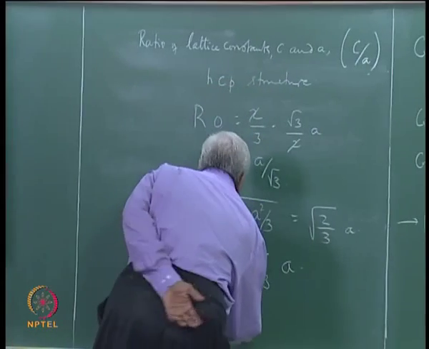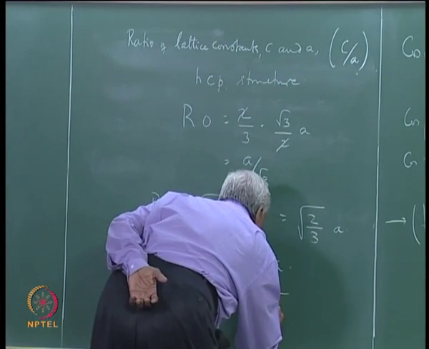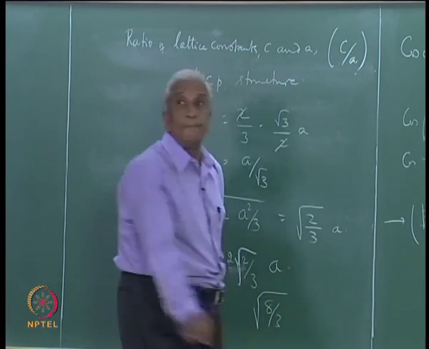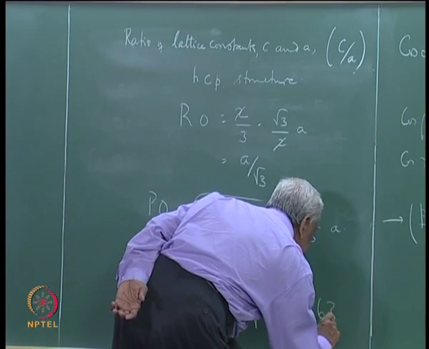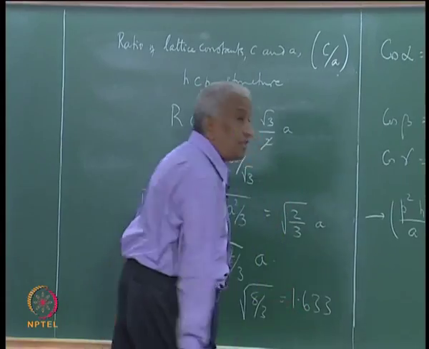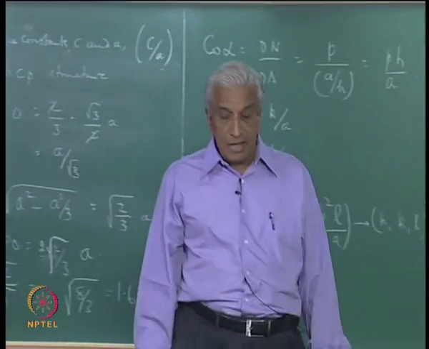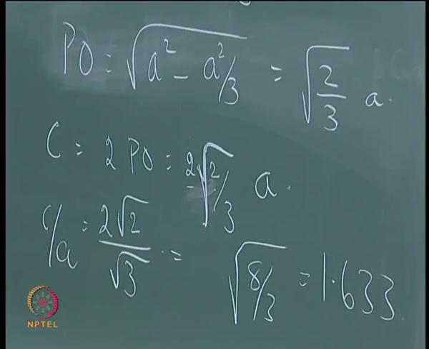That can also be written as root of 8 by 3, and that works out to 1.633. So, that is the ratio of the C to the A axis lattice parameters in the HCP structure.